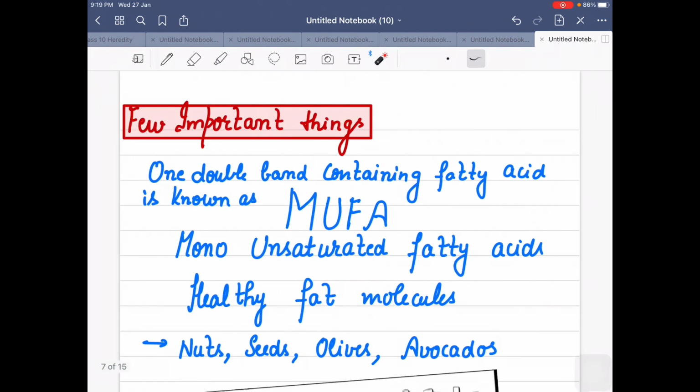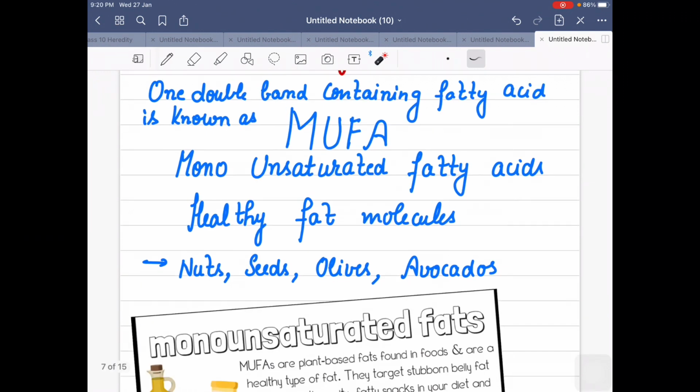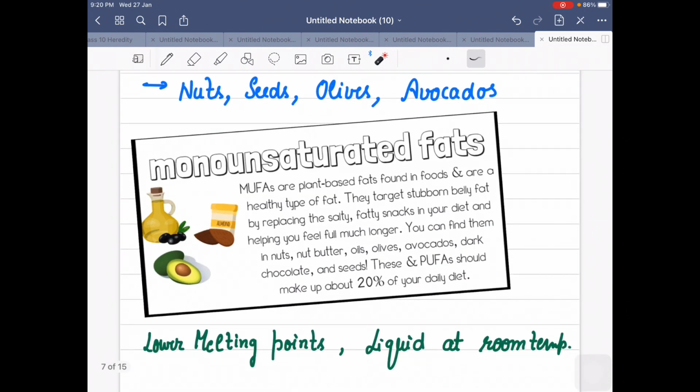And there are another 2 important things, MUFA and PUFA. MUFA is monounsaturated fatty acid, those fatty acids in which only 1 double bond is present. And they are usually healthy fat molecules.